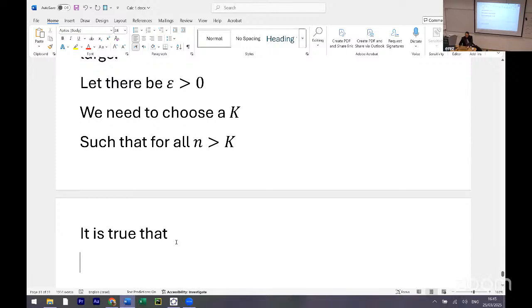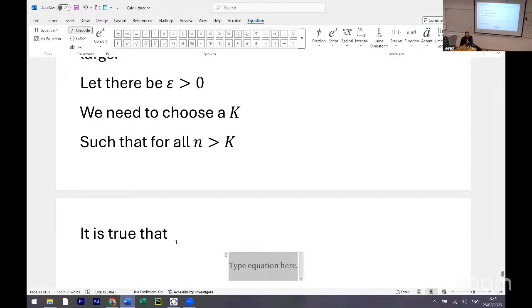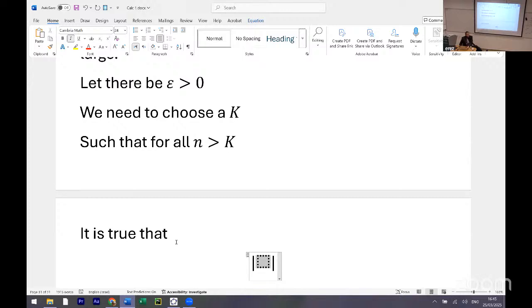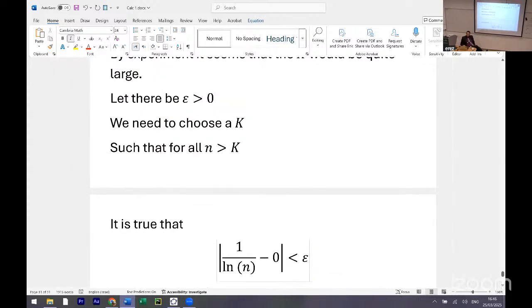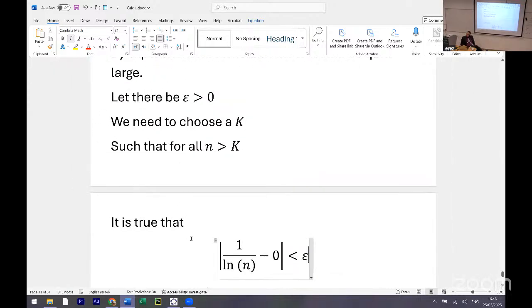The absolute value of the distance between a_n and, what is a_n of this exercise? 1 over ln n. The distance between it and 0, what is the limit? 0 should be smaller than epsilon. Agreed?